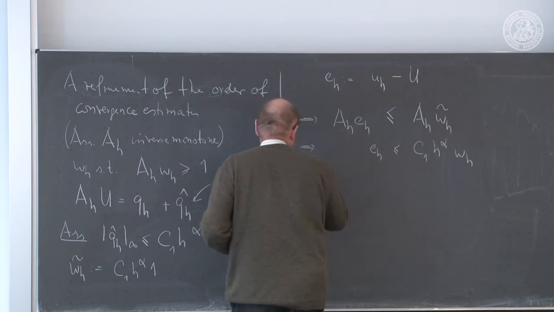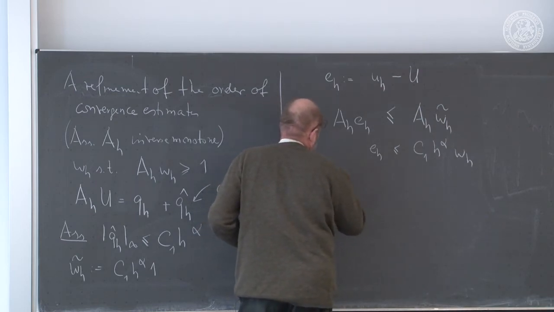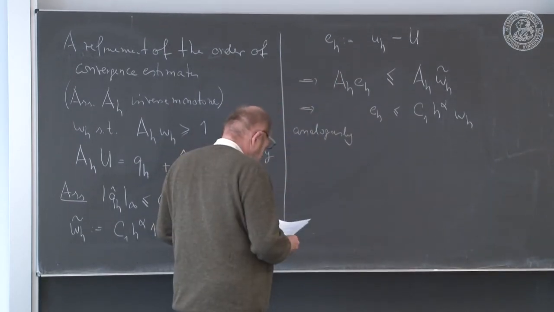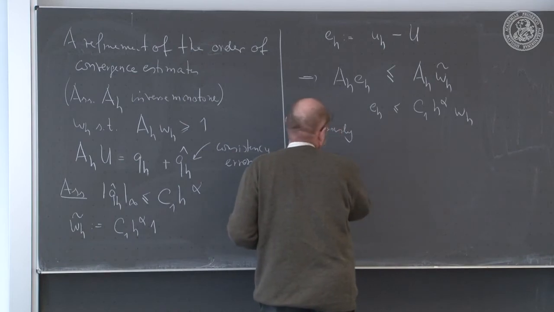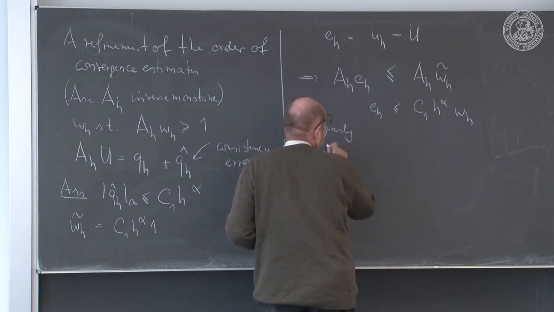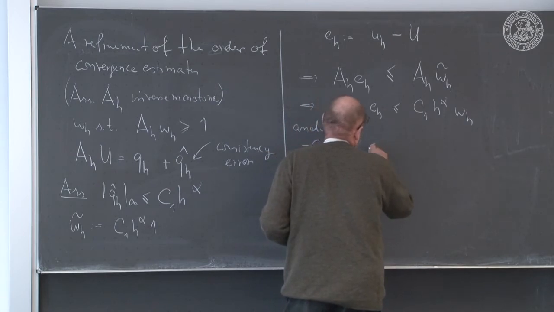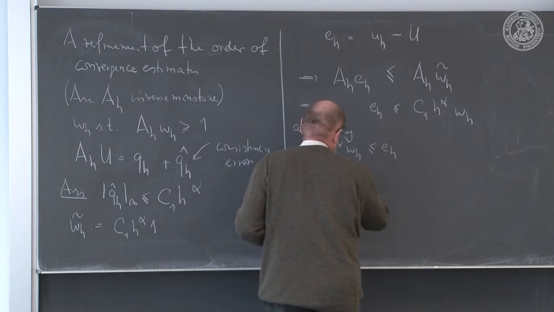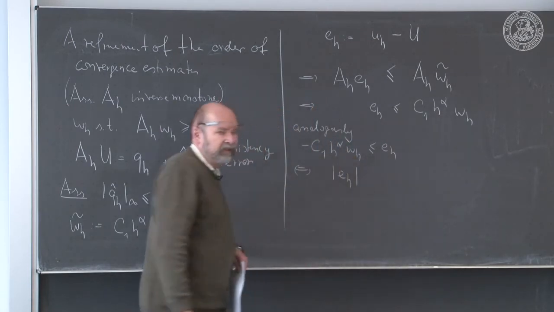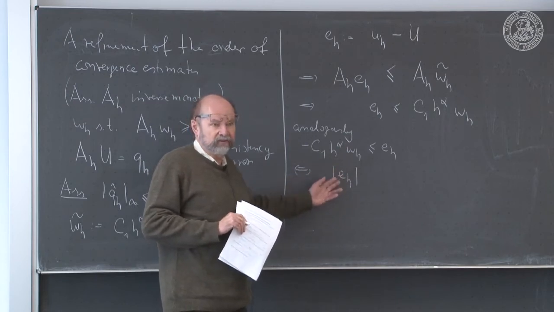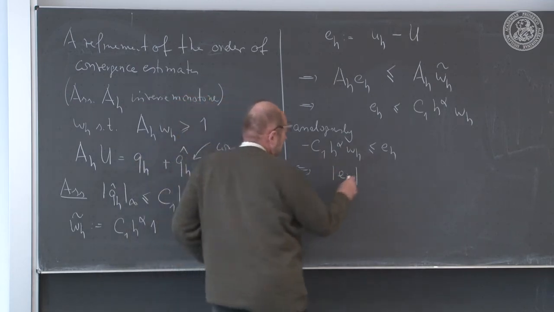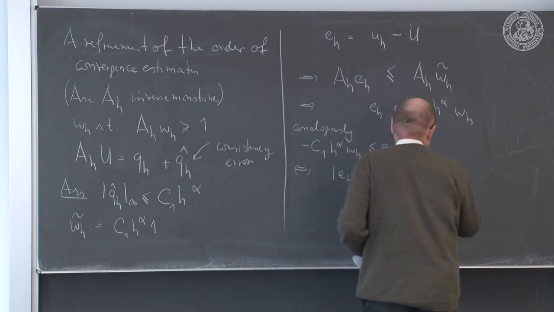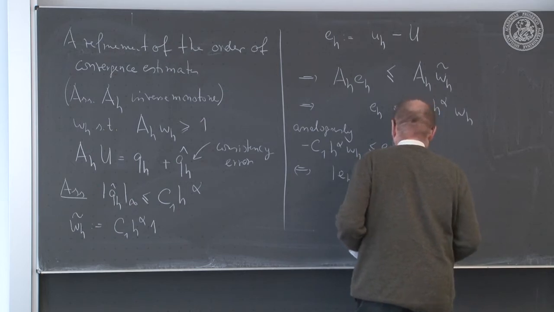And analogously, we can do the same estimate from below, saying that we get then minus C_1 h^alpha w_h less or equal to e_h. Or put it together, we have, and this is now a vector still, meant to be the vector composed of the moduli of the components, can be estimated by C_1 h^alpha w_h.